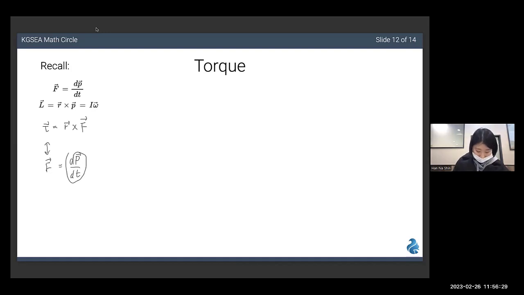So torque is actually just dL dt. So we're going from this linear motion to rotational motion. That's angular momentum.